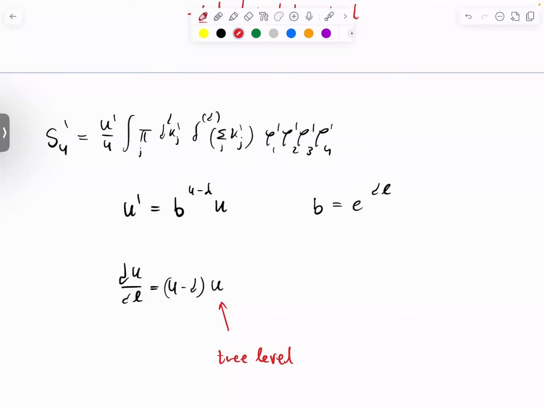It comes only from the stretching part. And here we really see this special behavior. We see that depending on the dimension, this perturbation can be either relevant, irrelevant, or marginal.